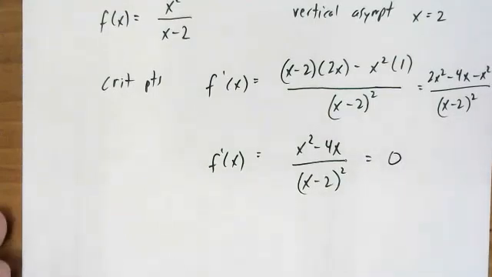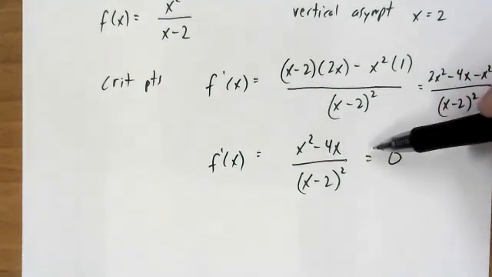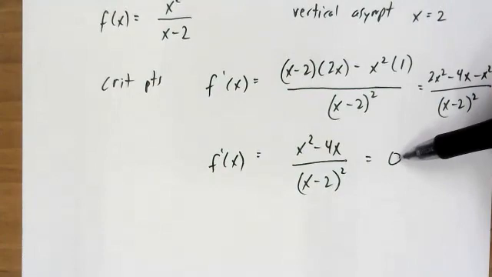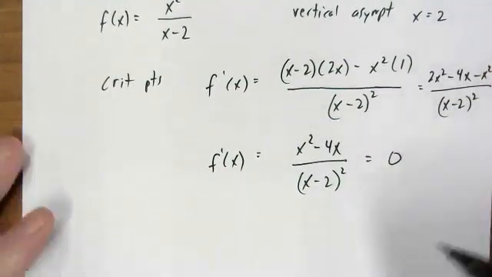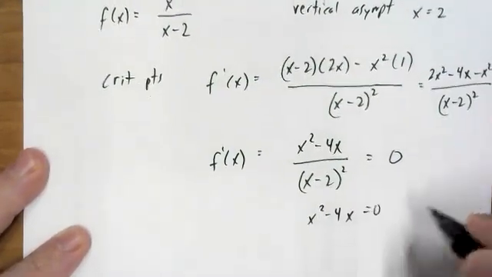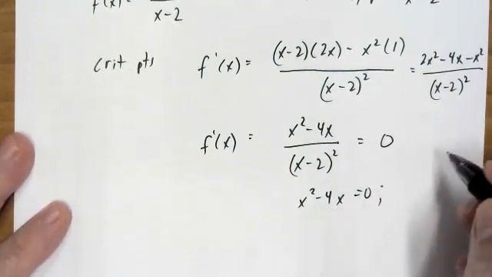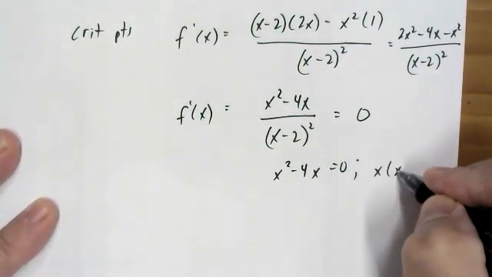To find the critical points, I'm going to take that and set equal to 0. So now here's a little shortcut, right? When you have a fraction equal to 0, the solution is you can just take the numerator and set it equal to 0. So let's do that. And actually, let's factor out an x.